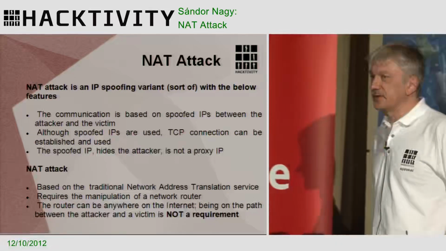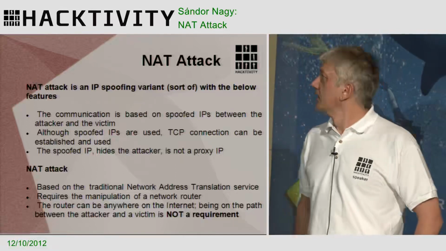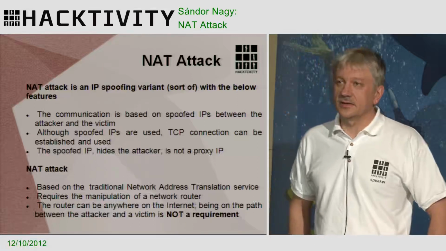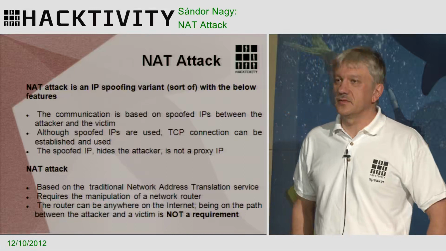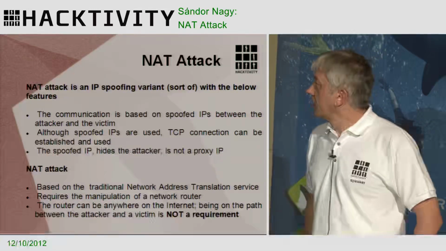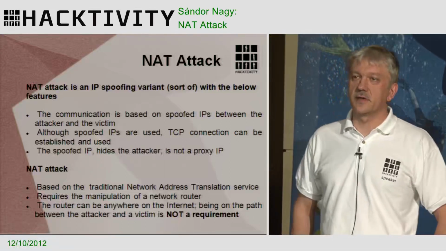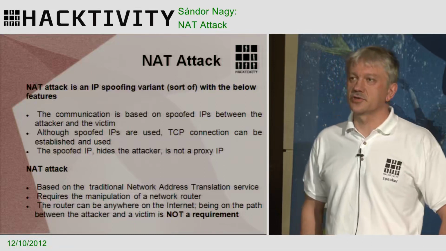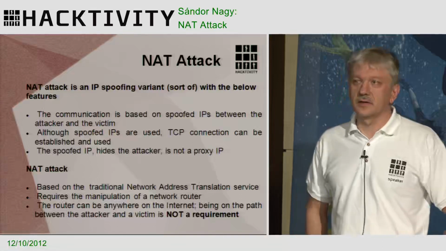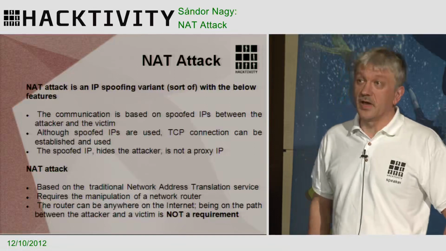Actually, the NAT attack is a sort of IP spoofing. At least in the case of a NAT attack, the two ends, the attacker and the victim, communicate with spoofed IPs, not the real ones, at least on some level. But the NAT attack is able to establish a two-way communication channel. So in our case, the attacker and the target can communicate with each other with spoofed IPs.